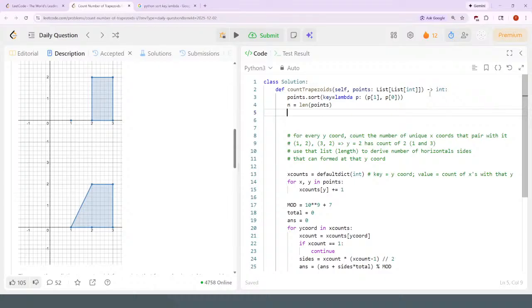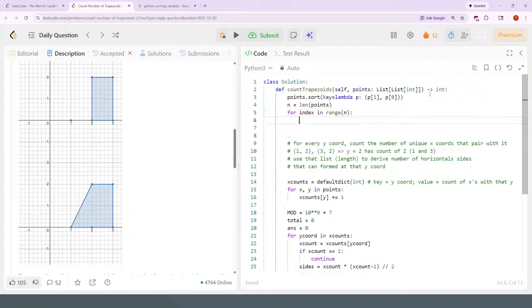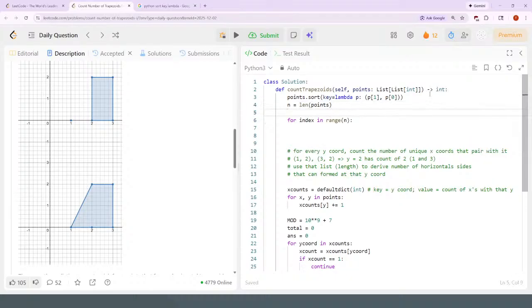So use for every index in range n, in range 1 to n. I think I set up a dummy one so that I don't go out of bounds with the references to index -1 here.